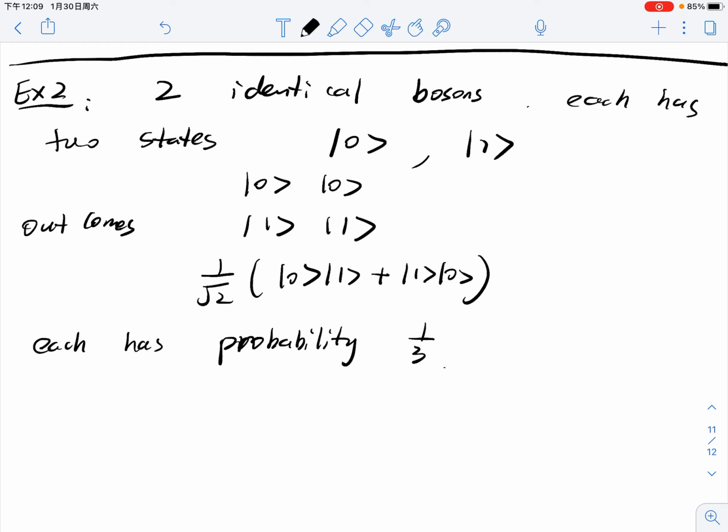When I first learned this, it was quite astonishing in physics, because it seems to me they are so similar to the tossing coin model, but actually they're not.